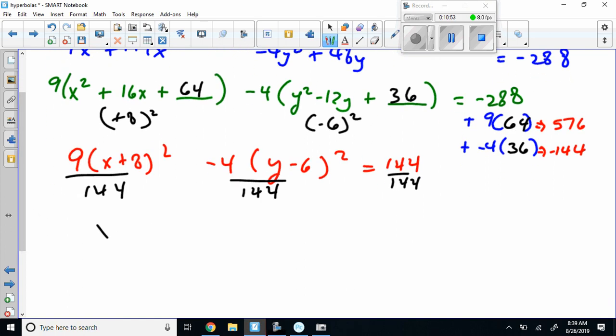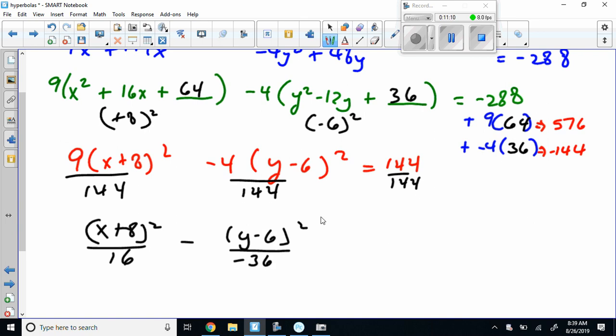So that would be x plus 8 squared over 16 minus y minus 6 squared over, negative 36? Then equal 1. That it? Uh-oh. I can't say negative 36 down here, can I? I've already got the negative up top, right?